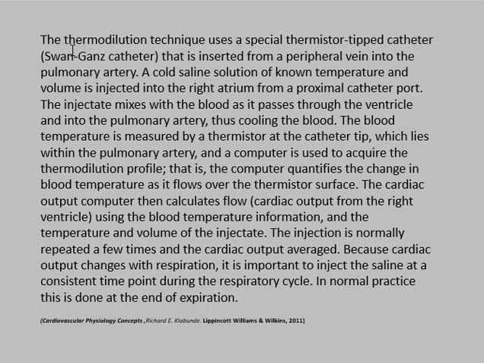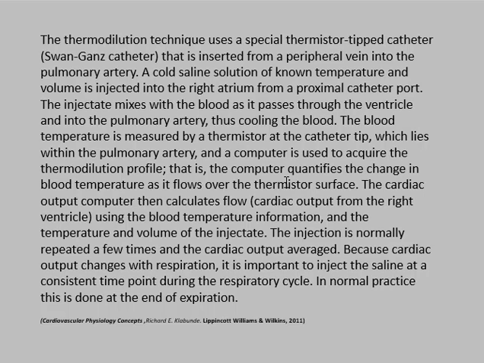And we just quickly read this, another bit of history. It's worth reading. The thermal dilution technique uses a special thermistor tip catheter, a Swan-Ganz catheter, that is inserted from a peripheral vein into the pulmonary artery. A cold saline solution of known temperature and volume is injected into the right atrium from a proximal catheter port.